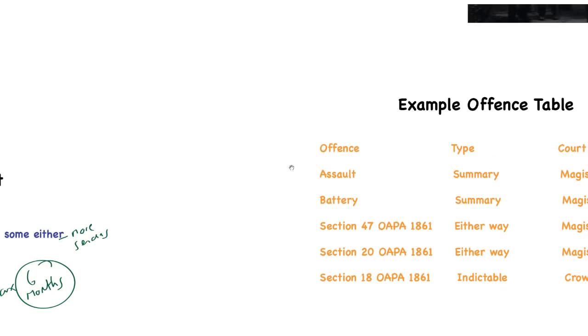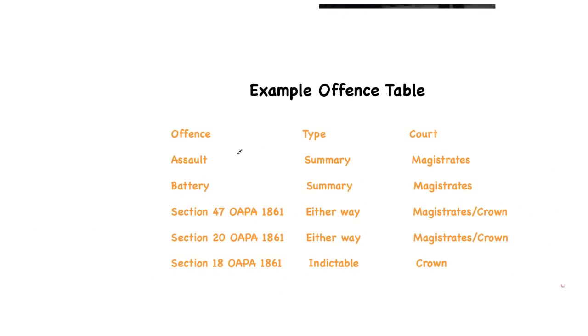I very, very briefly just want to make sure that you are comfortable with the types of offences. The ones that we are going to look at in Unit 2, and I'm only going to deal with Unit 2 here because this is pertinent to Unit 2, but assault and battery are summary offences and therefore they are tried in the magistrates.